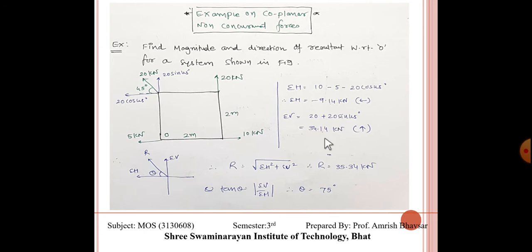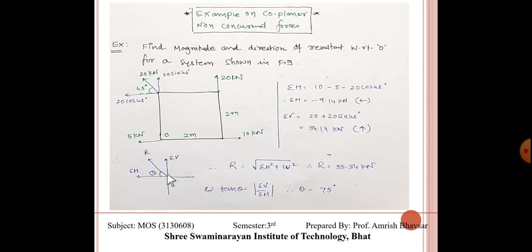Now first of all sigma H: this 10 kilonewton towards the right is plus, 5 kilonewton is minus, and this is again minus 20 cos 45. So we will get sigma H equal to minus 9.14, it is leftward. Now sigma V is the vertical force; these two vertical forces are moving upward, so it is positive 34.14 kilonewton upward.